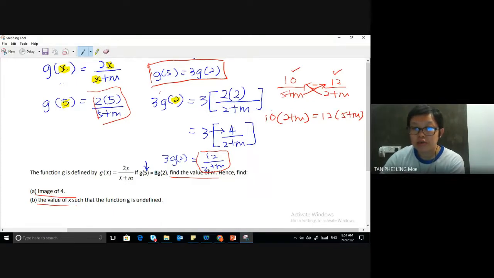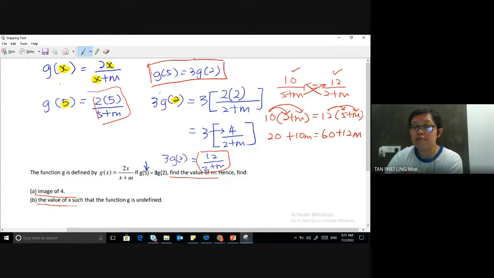Okay, so this one, basic maths, remember, you have to expand to multiply in. 10 times 2, 20, plus 10 times m, 10m, equals to 12 times 5, 60, plus 12 times m, 12m.